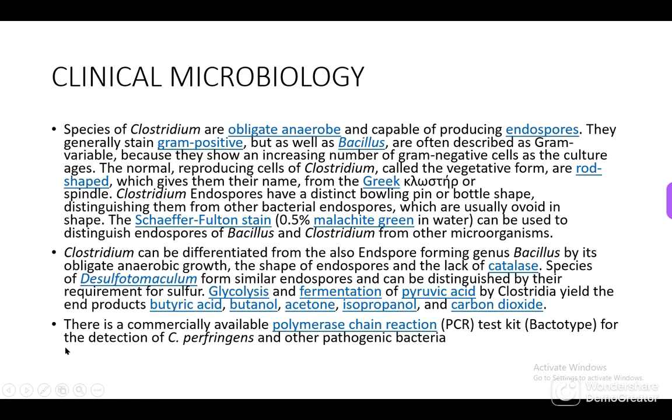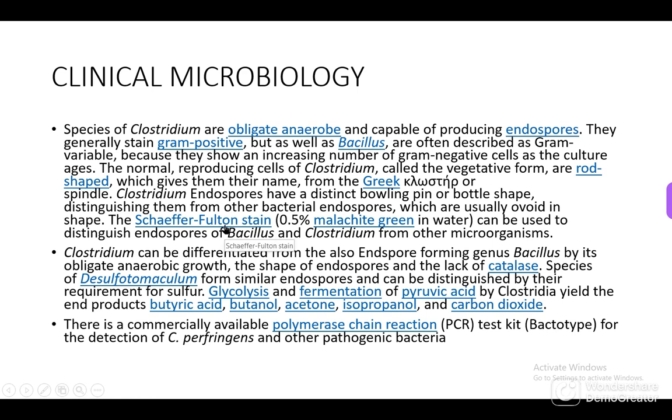The normal reproducing cells of Clostridium are called the vegetative forms. They are rod-shaped, which gives the name spindle shape. Clostridium endospores have a distinctive bowling pin or bottle shape, distinguishing them from other bacterial endospores, which are usually oval in shape. Not here, it is club shape, bottle shape.